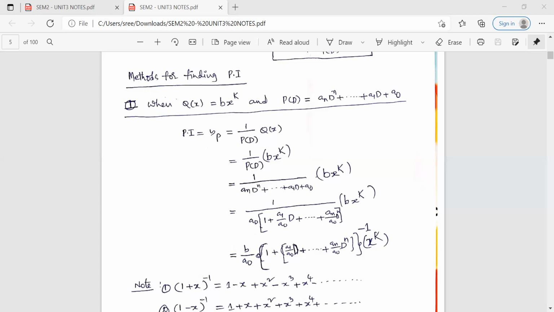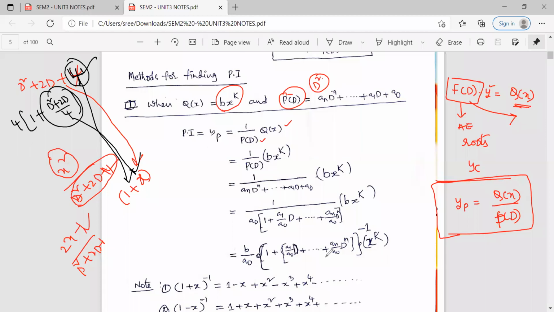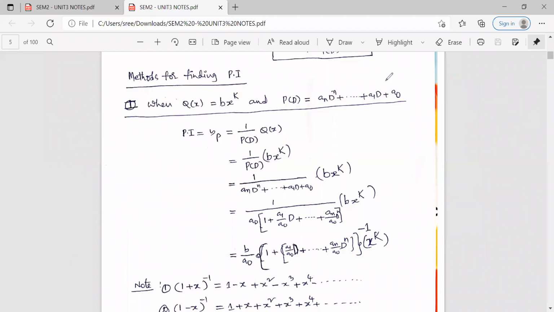How can we get that? We change the constant place by taking common any number into 1. See here.